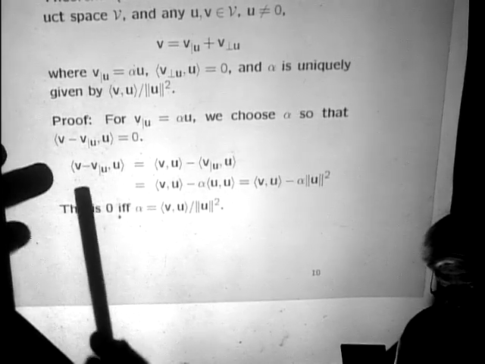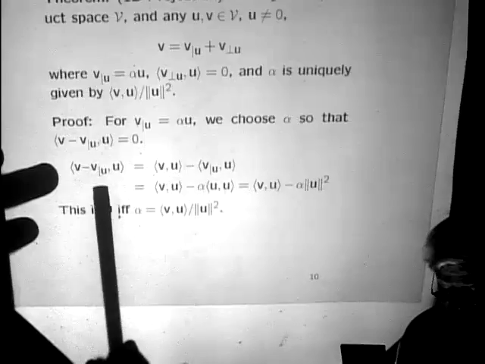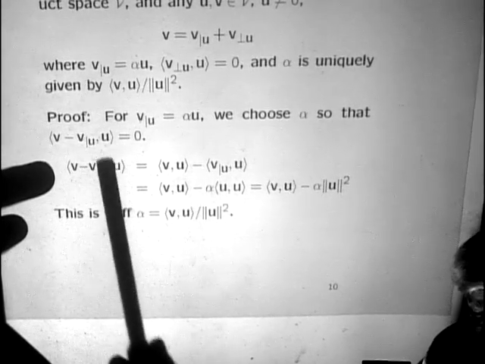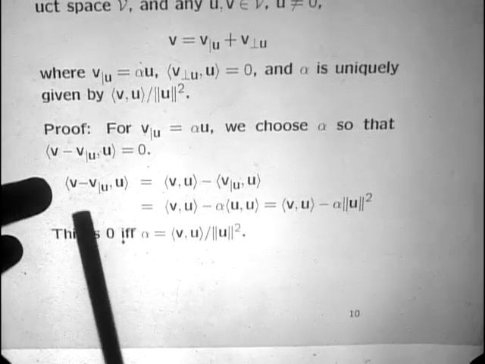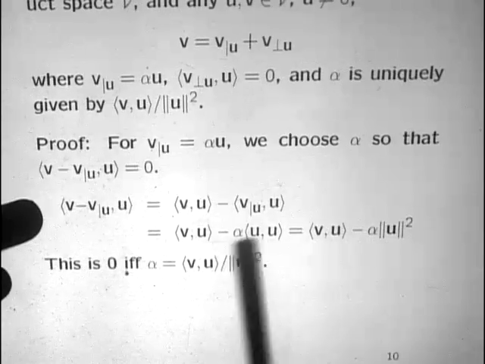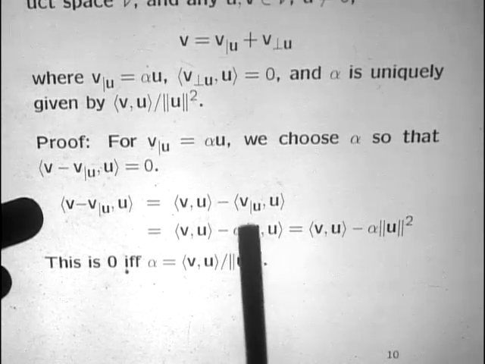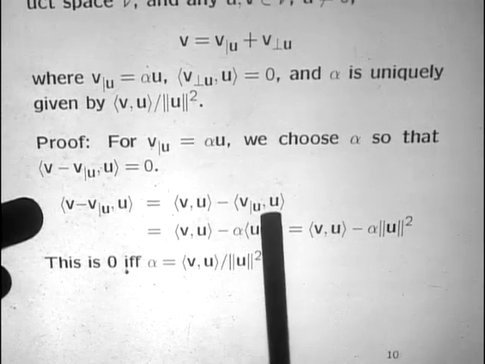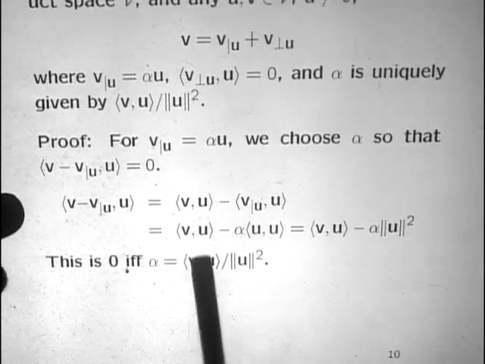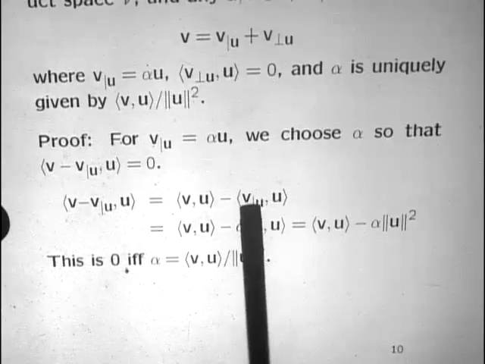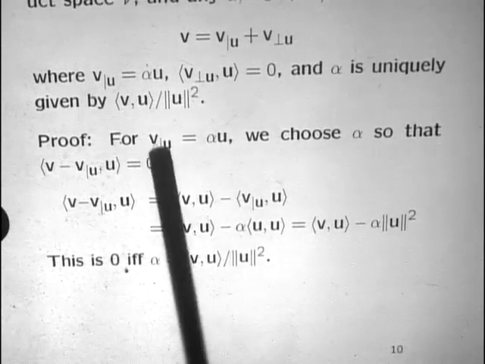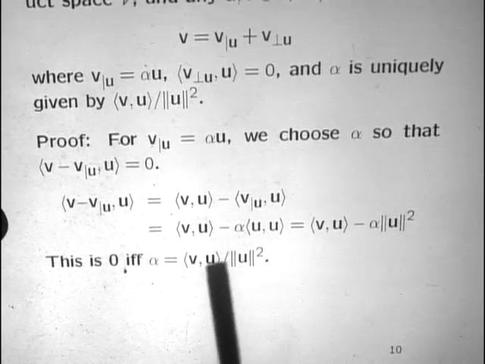Okay, so V minus this projection term, this is called the projection of V on U, is equal to the inner product of V and U minus the inner product of the projection with U. So it's equal to this difference here. Since we have chosen this term to be alpha times U, we can bring the alpha out.